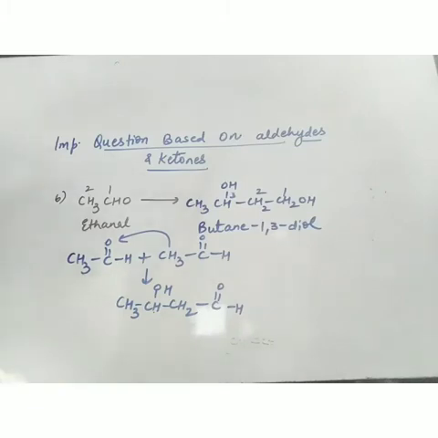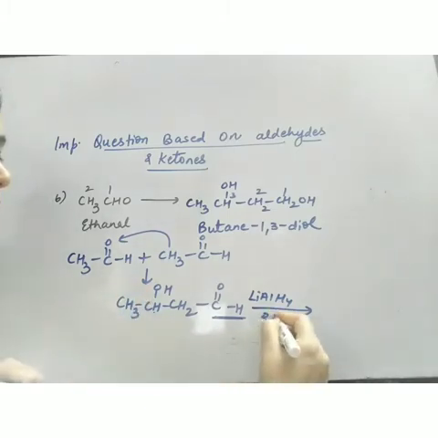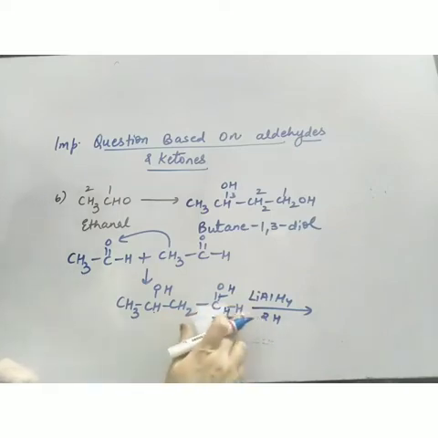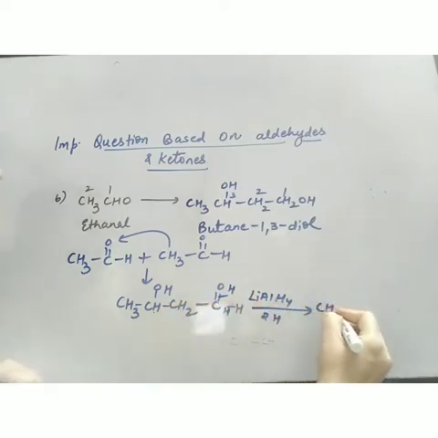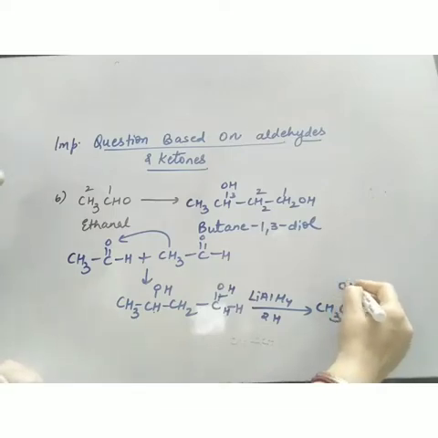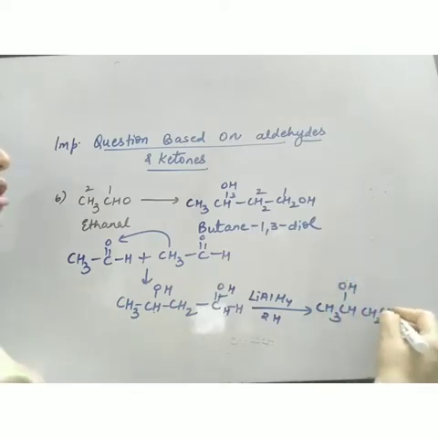I want this OH to remain on the third carbon, and I want to reduce this aldehyde, because when aldehydes are reduced, primary alcohols are obtained. So reduction is done. I can use any reducing agent, suppose I am taking LiAlH4. 2 hydrogen atoms are required here, so 1 H here and 1 H here. I will get this compound CH3 CHOH CH2 CH2OH. This is my product.